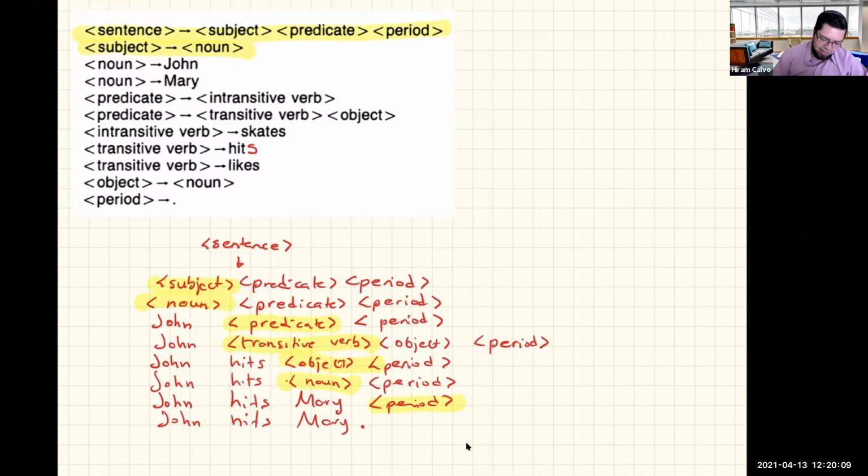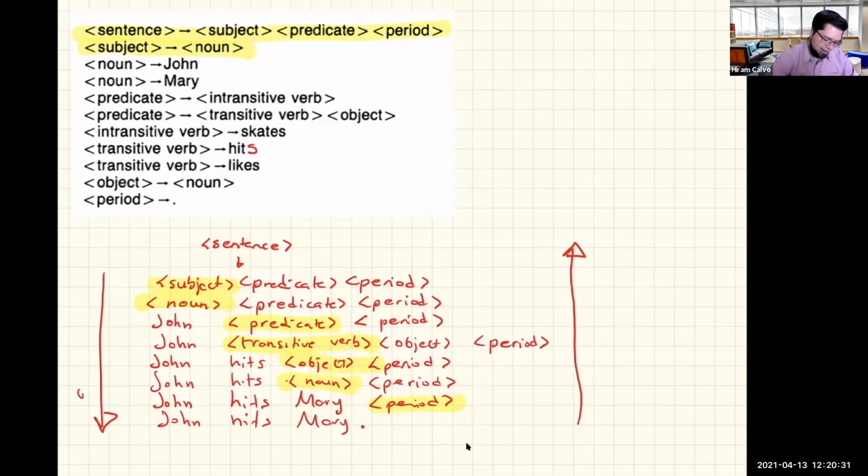Grammars can be generative whenever we use them in this way, or they can be used for recognizing if a sentence is correct or not, or we can say that this sentence is recognized by this grammar or not.